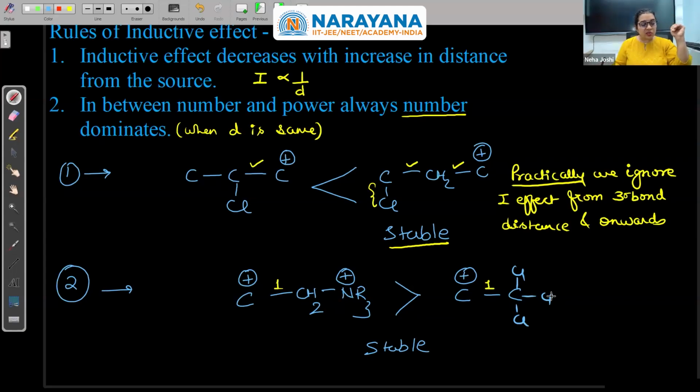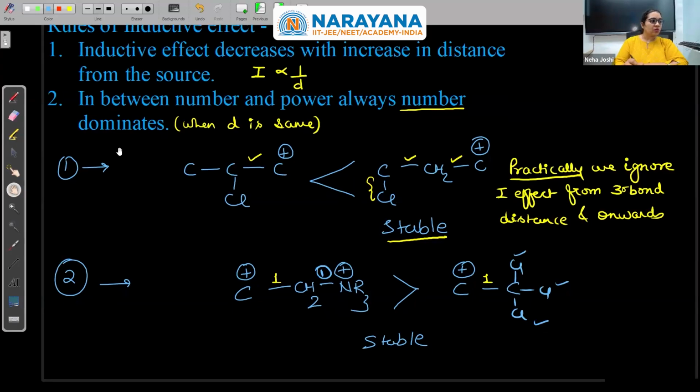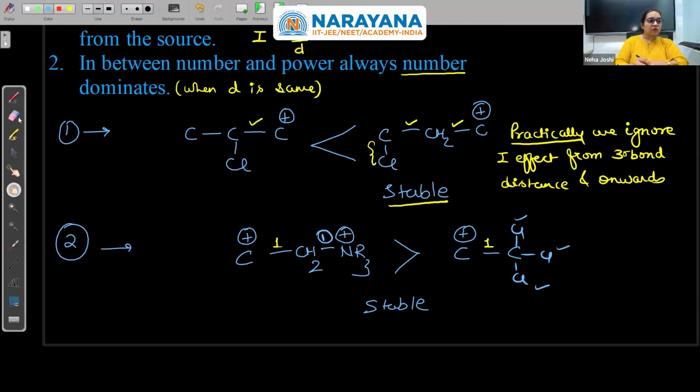When the distance is the same, you can see there are 3 chlorines. There are 3 bonds here, whereas only 1 NR3 plus bond here. Here we have 3 CCl bonds. I think you have got the point.